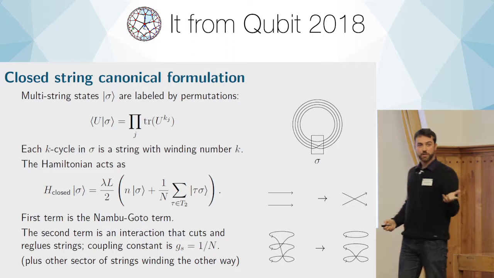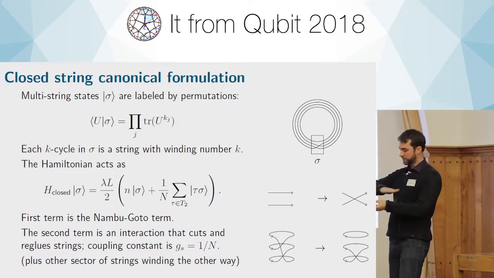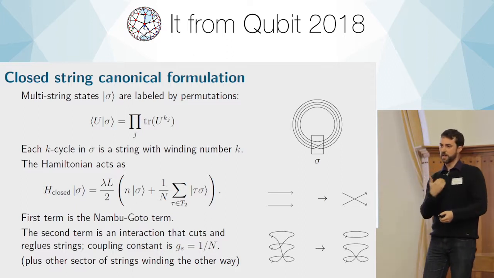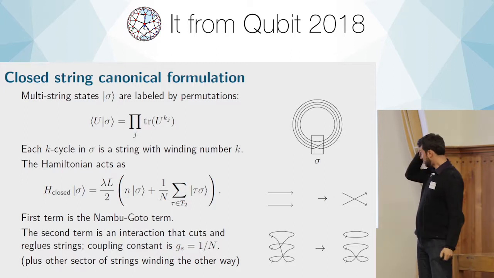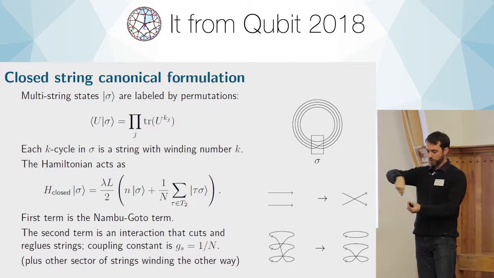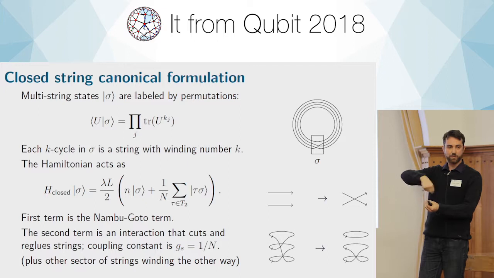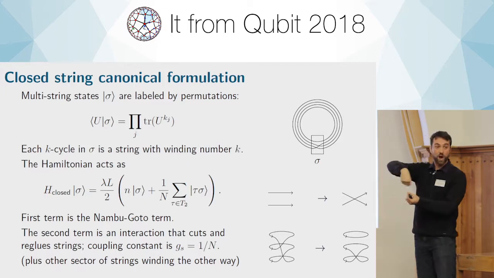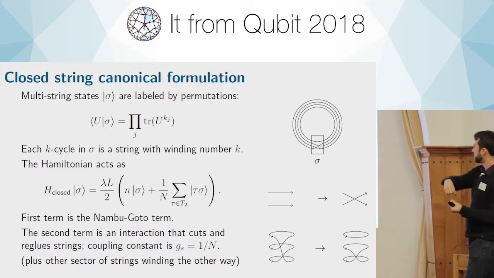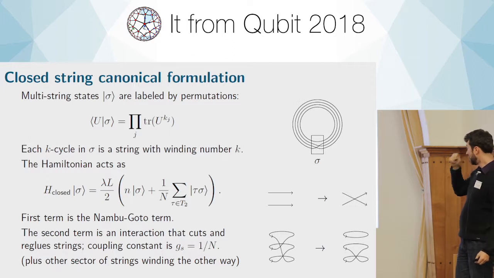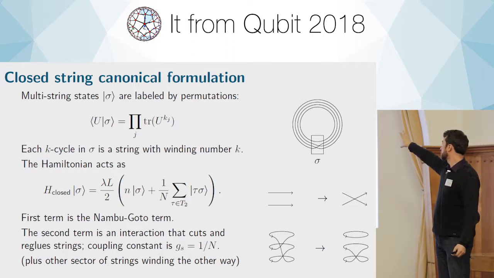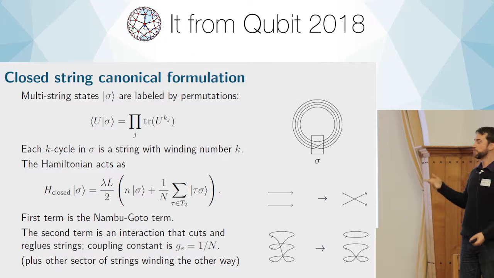The canonical version of this theory: if you think about slicing one of these diagrams at a single time along a circle, then the strings are going to wind around the spatial circle some number of times. We can describe some set of strings just by a permutation.